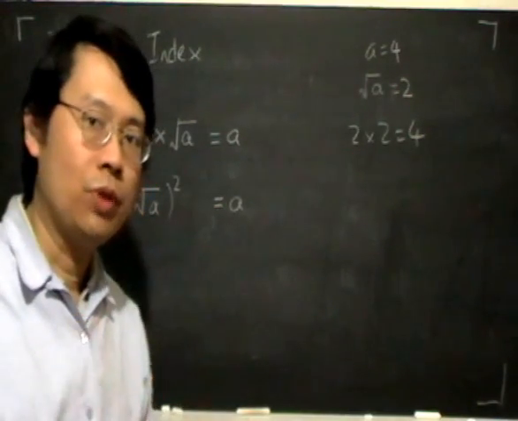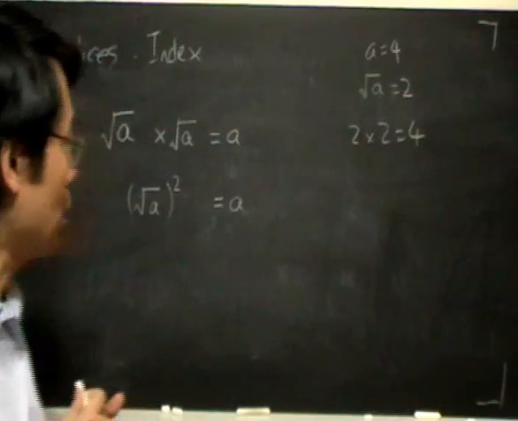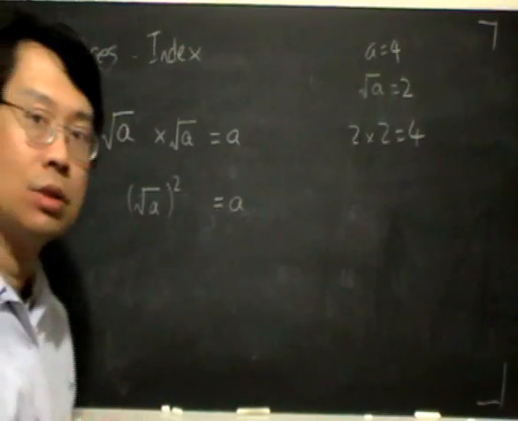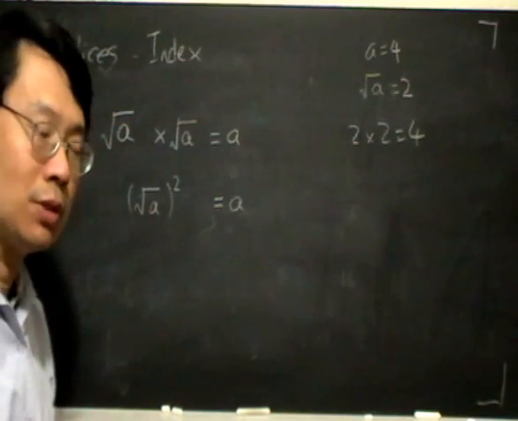Now it would be convenient if we can use some of the rules that we've learned just now and apply it to here. Now remember one of the rules that we have learned.